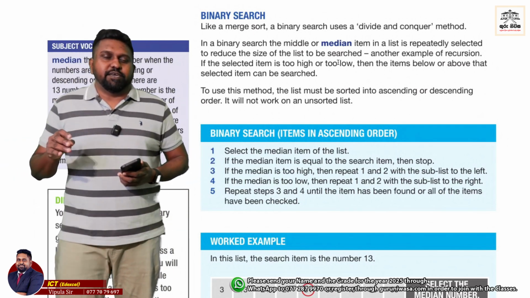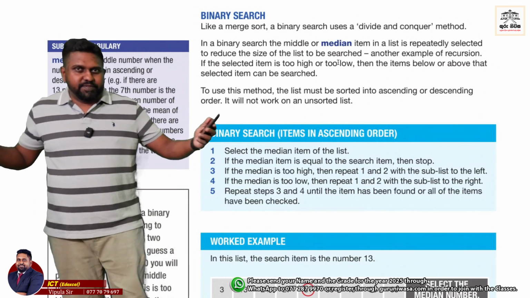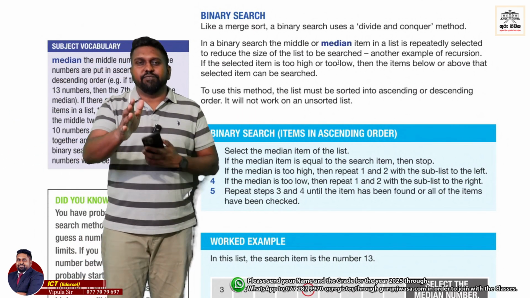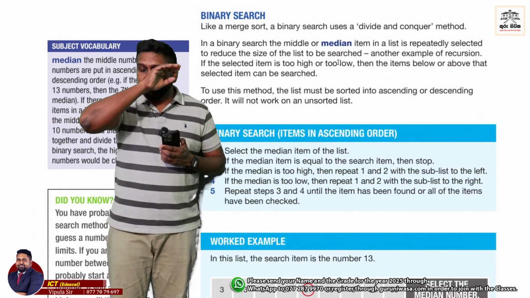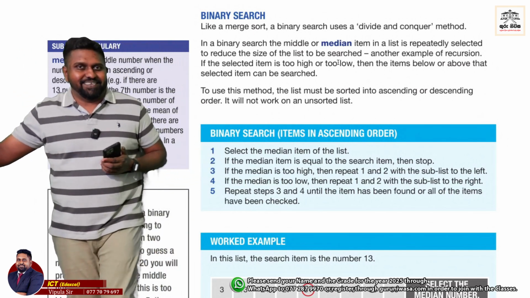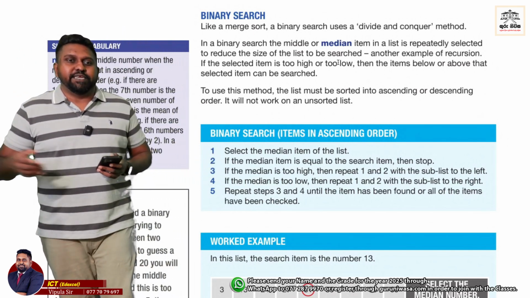Since we are looking for 71, if this is a number set of 0 to 100, when you take the median, you can easily find out we are looking for something greater than the median, right? So 71 is greater than the median point.